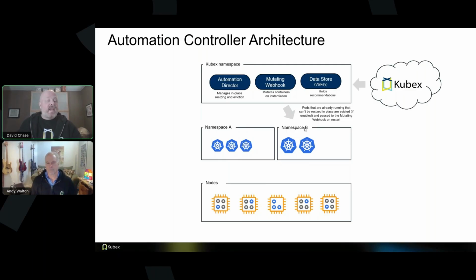If you've enabled pod eviction, then those containers will be evicted in a controlled fashion, respecting things like pod disruption budgets. And the way we illustrate this is we're going to show that we have some pods that are going to be evicted and restarted, and when they're restarted, they pass through the mutating webhook and are resized to their most efficient sizing automatically.